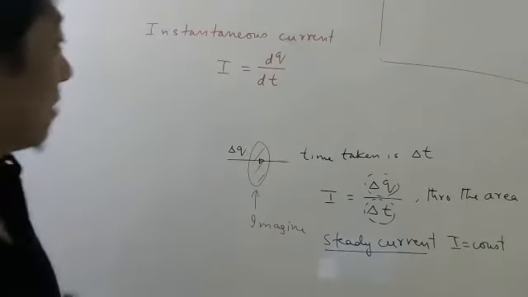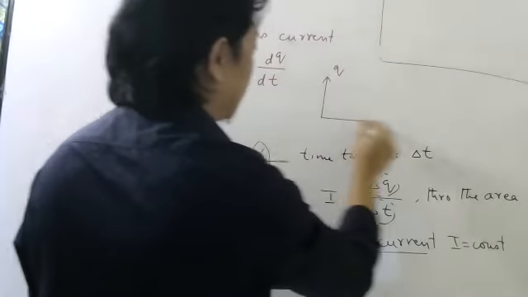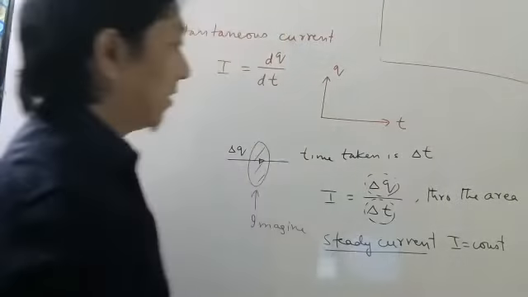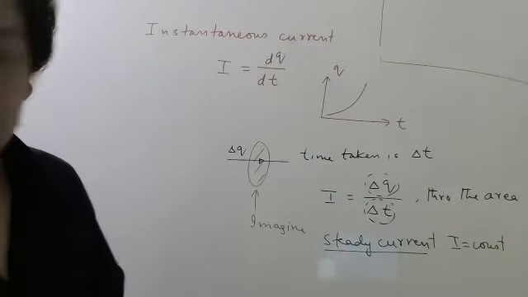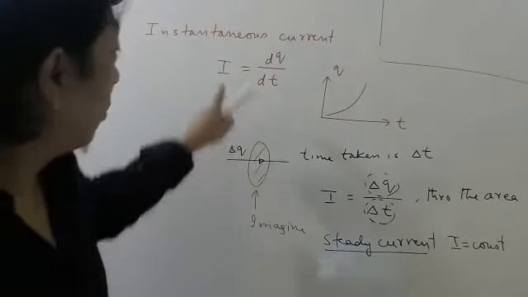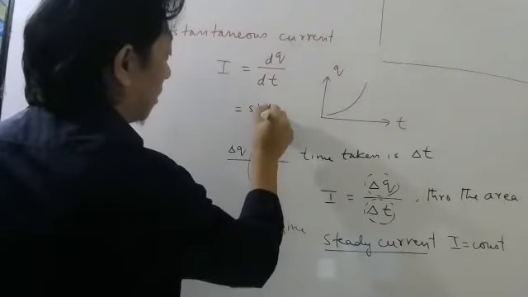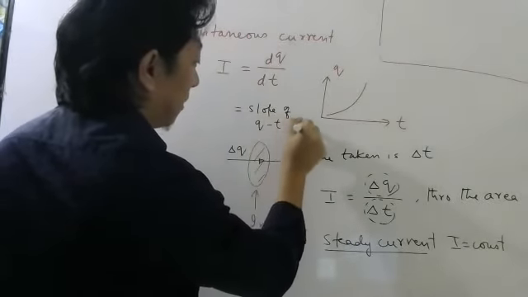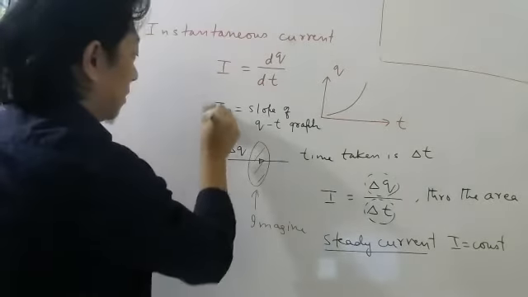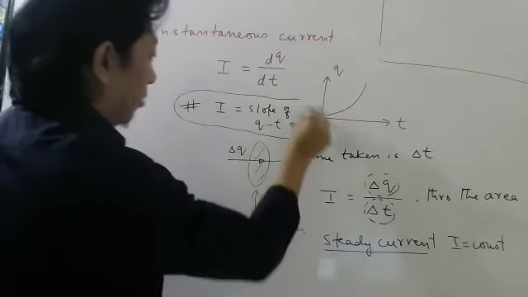So students, if somebody gives you a charge versus time graph, something like this, let's say, then you can calculate the current by calculating the slope of the charge versus time graph. This is mainly for entrance only, but now also you can understand.